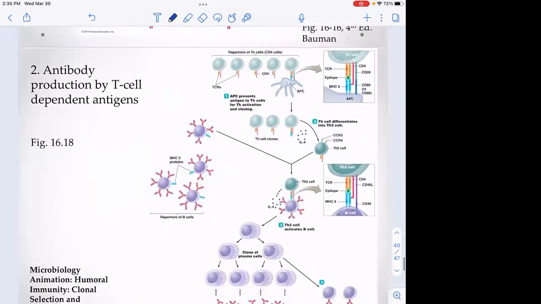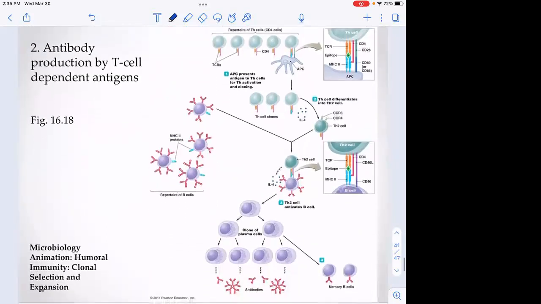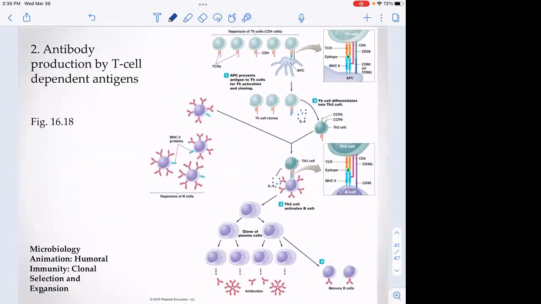Much more commonly, for the antigens that we come in contact with, we need some stimulation from the T helper cells in order to stimulate our B cells. We call these T-dependent antigens.